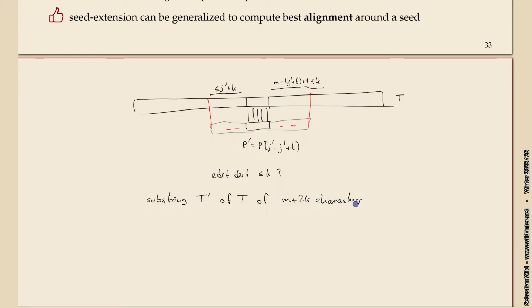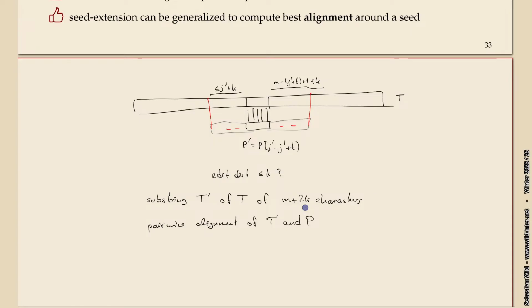And then I can find the best alignment between t prime and p. And the cost for that is essentially bounded by m and k.